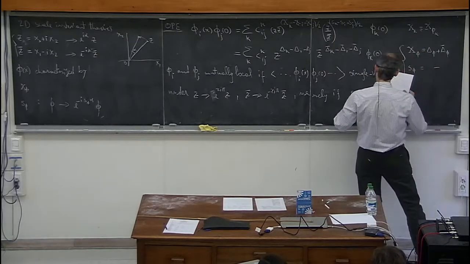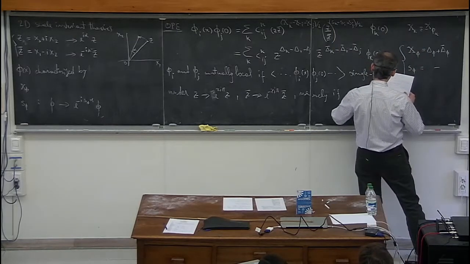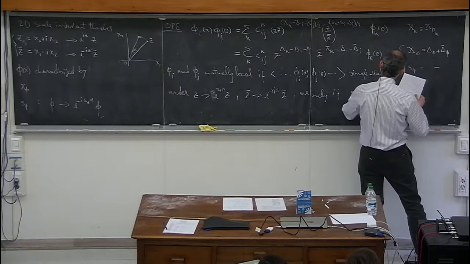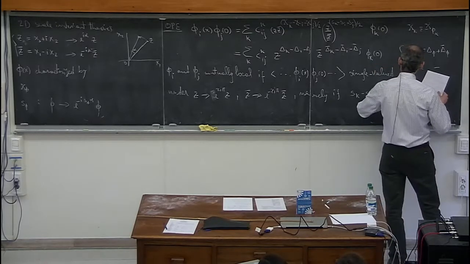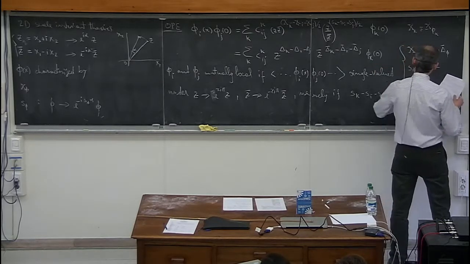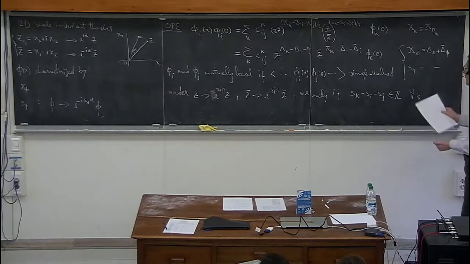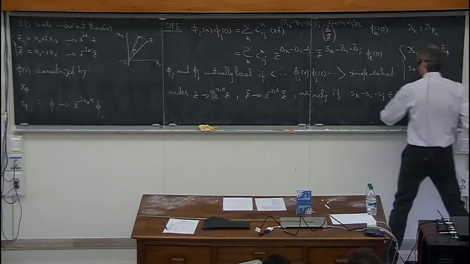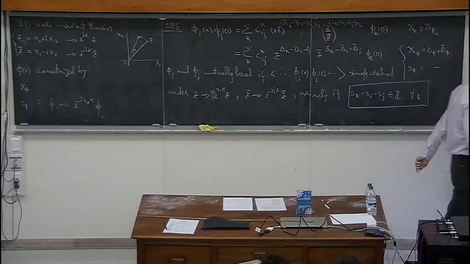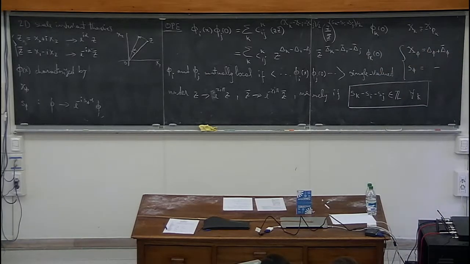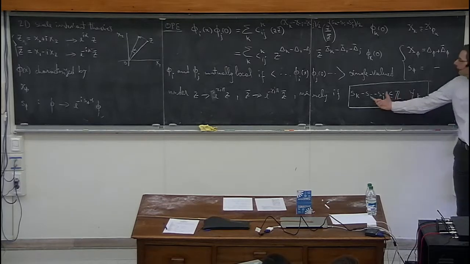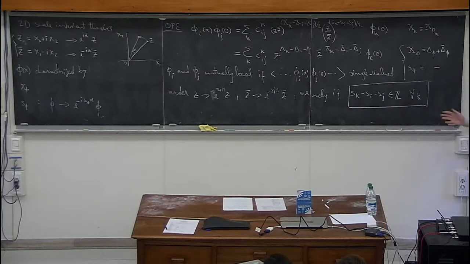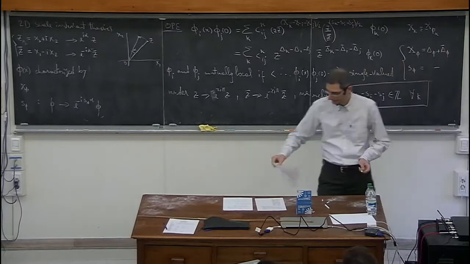So the condition is that s_k minus s_i minus s_j is an integer for any k appearing in the OPE. So please keep in mind this condition for mutual locality because we will invoke it repeatedly.